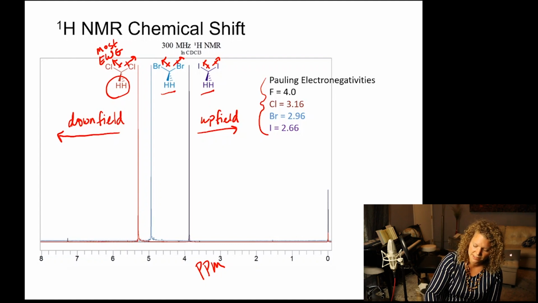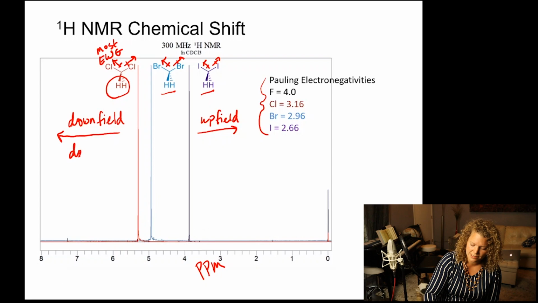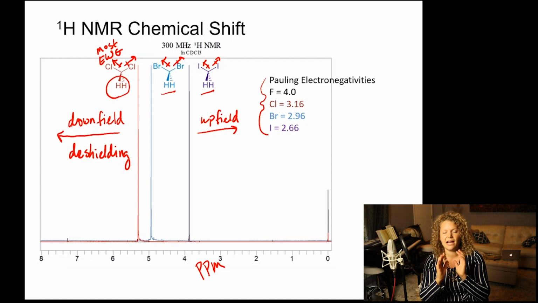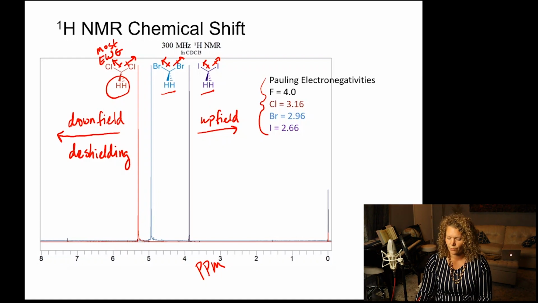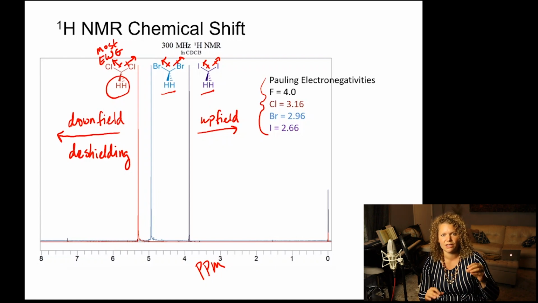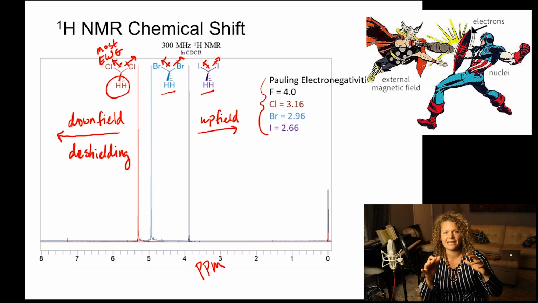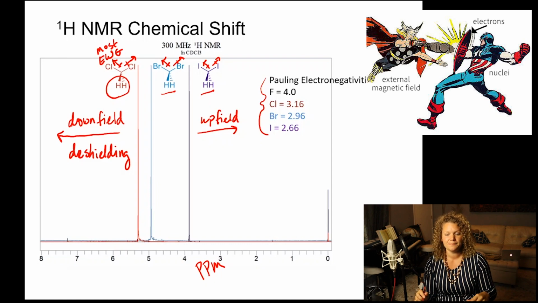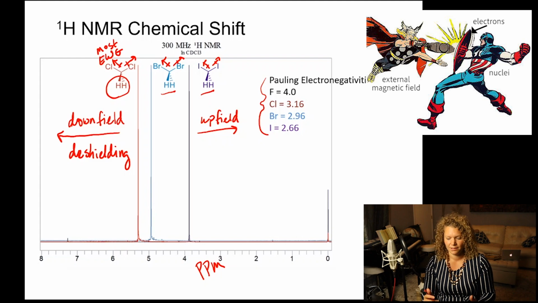And so in this case, what happens is we call this de-shielding. These hydrogens are de-shielded is what we like to call it. What I like to do is think about electrons around a nucleus as a shield against the external magnetic field that we're applying. Iodine is less electron withdrawing.